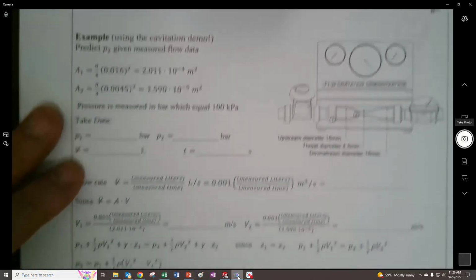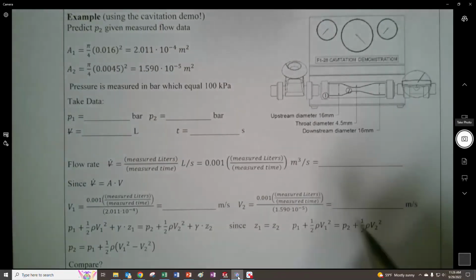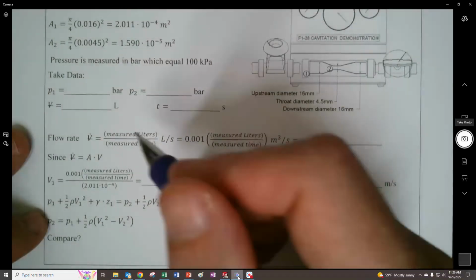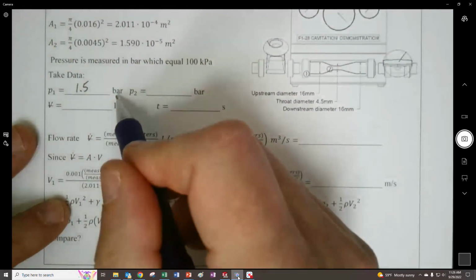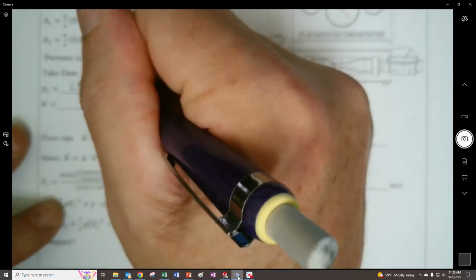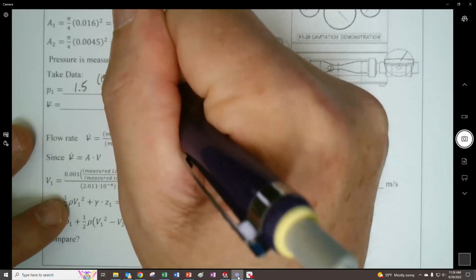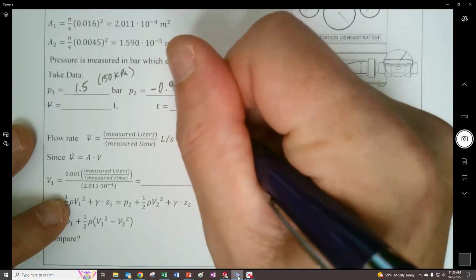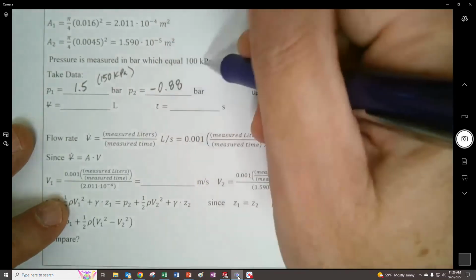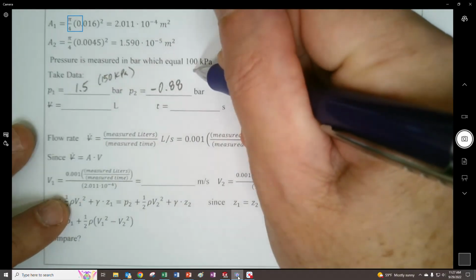So coming back to here, I can plug in some numbers. One of the demonstrations I had done in class, I got a pressure of 1.5 bar, which by the way is 150 kilopascals, at P1. And at P2, I got negative 88 kPa, so we're dealing with gauge pressures right there.